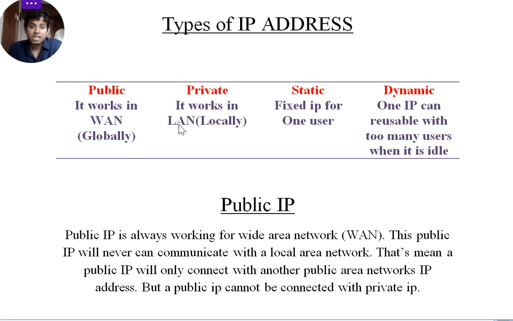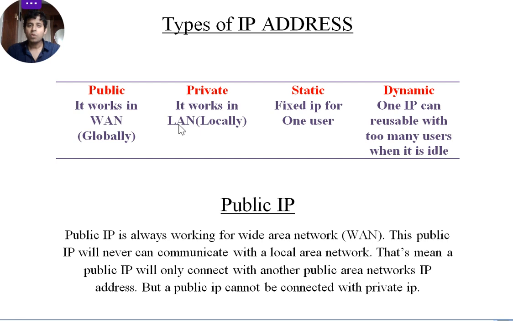CAN means campus area network, LAN means local area network, WAN means wide area network or worldwide area network. So a WAN works globally, and a public IP always goes with a wide area network.